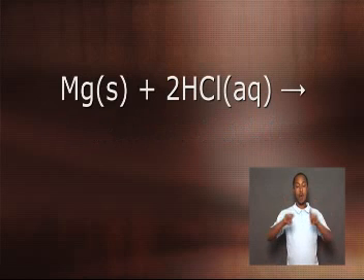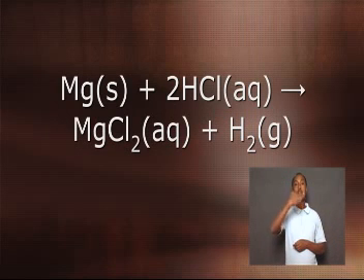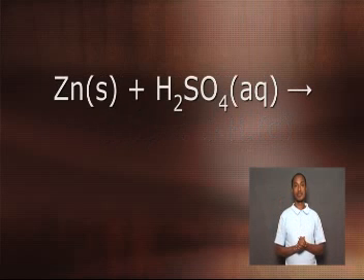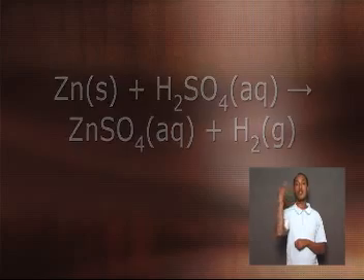When magnesium and hydrochloric acid react, they form magnesium chloride and hydrogen. When zinc and sulfuric acid react, zinc sulfate and hydrogen are formed.